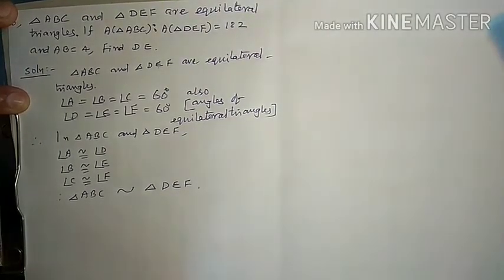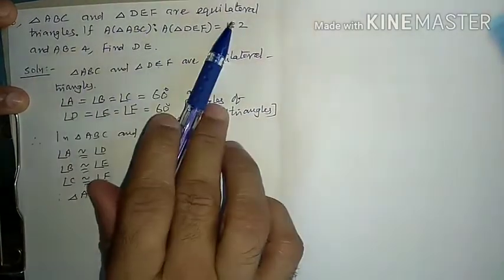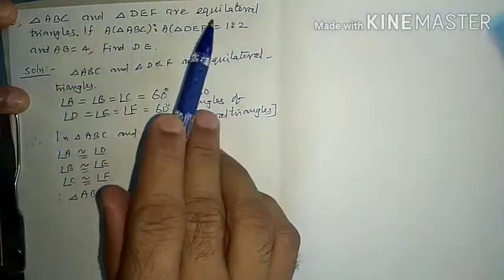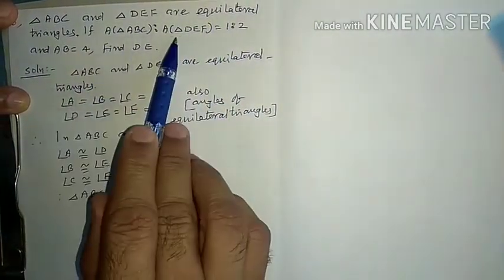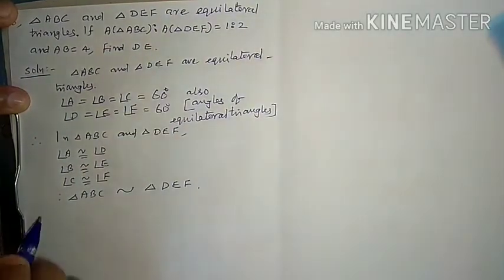Similarity now we are bringing. Here given triangles are equilateral, not similar, equilateral. Then the ratio is given. We made the triangles similar.